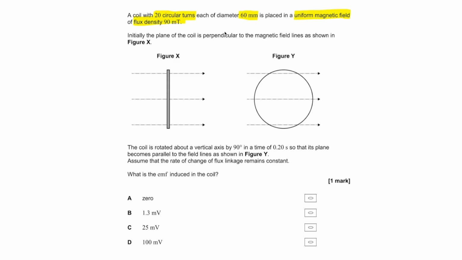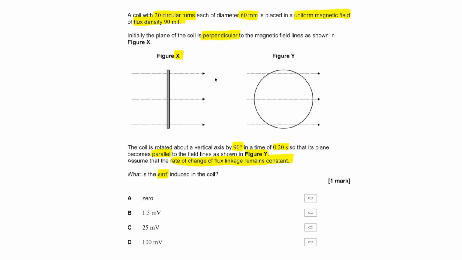Initially, the plane of the coil is perpendicular to the magnetic field lines, as shown in figure X. The coil is rotated about a vertical axis by 90 degrees in a time of 0.20 seconds, so that its plane becomes parallel to the field lines as shown in figure Y. Assume that the rate of change of flux linkage remains constant. What is the EMF induced in the coil?